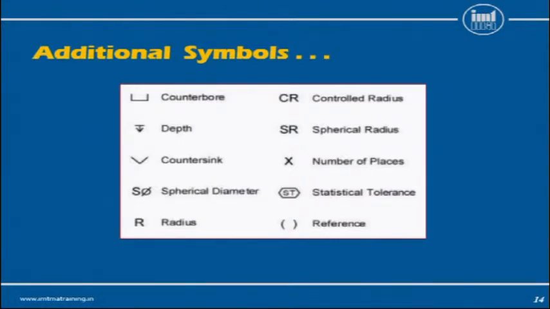There are symbols for counterbore as well as counterbore depth. Then there are symbols for countersink as well as countersink depth. Similarly, there are symbols for controlled radius, spherical radius, etc.